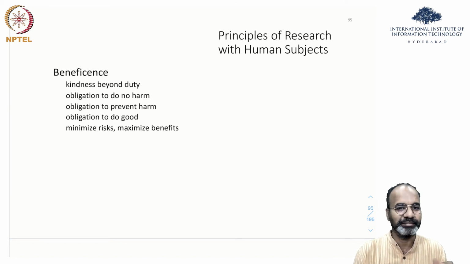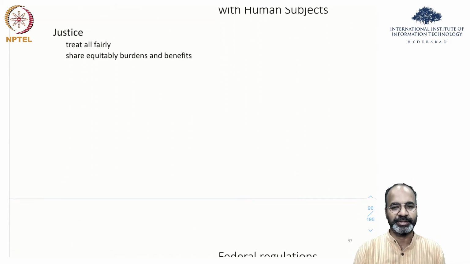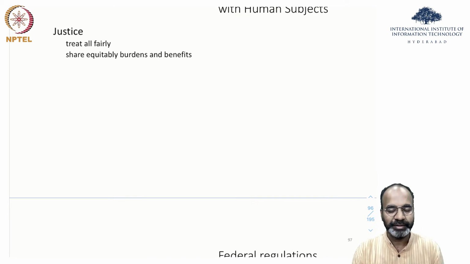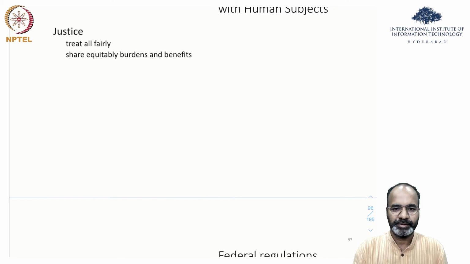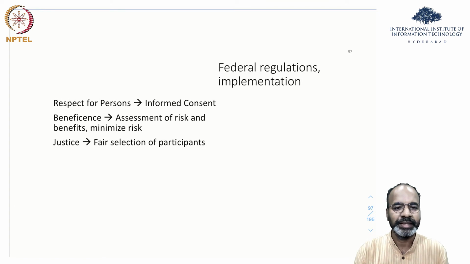Be kind to them. Make sure that participants are not under any stress because of the study. Treat them fairly. Have a diverse set of participants in the study. Data collection should also be done well. The IRB has become a federal regulation in the US.